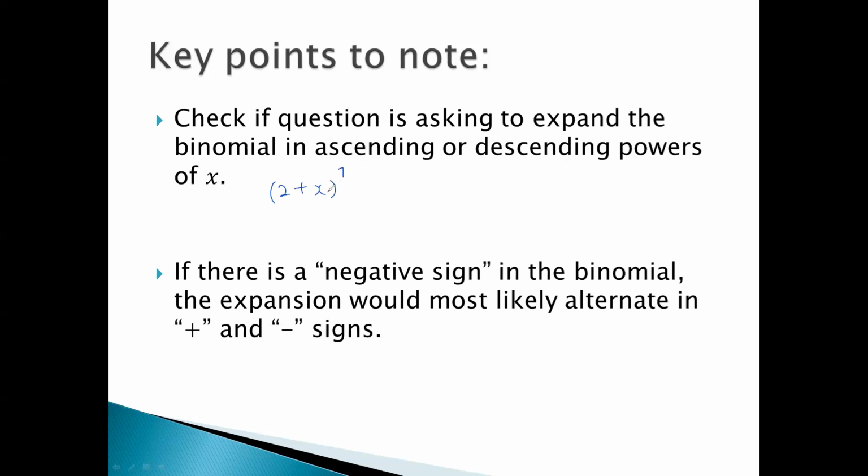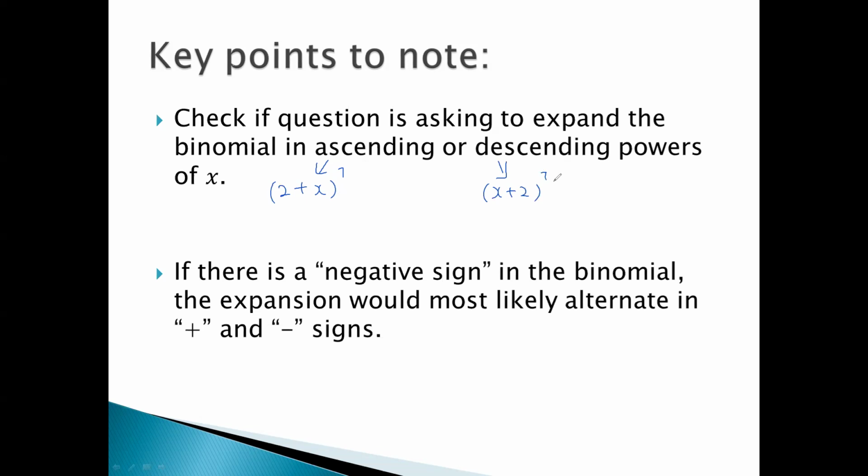If you leave it like this, you'll be in ascending powers of x. If you want it to be in descending powers of x, the first term will be in descending power, second term will be in ascending power. So this is correct. But if I want it in descending, I have to change this. The x has to become the first term.